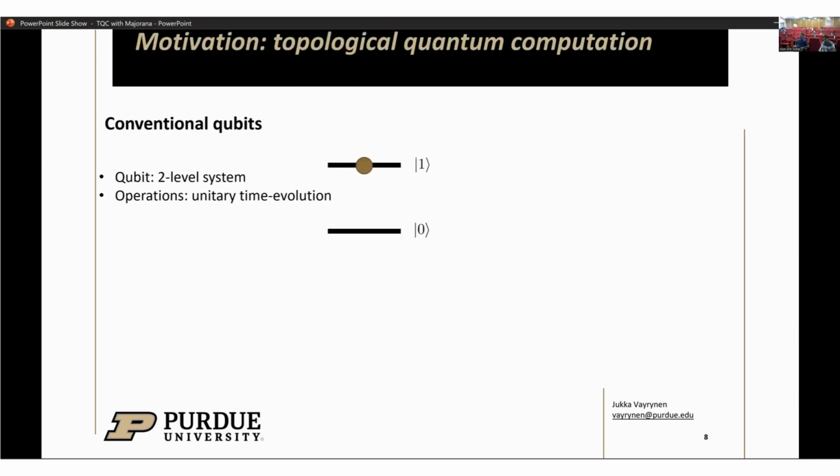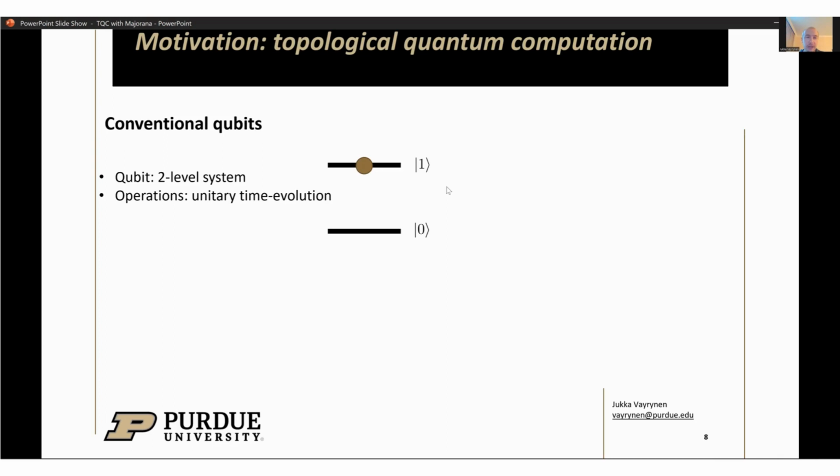In conventional qubits, the time evolution that we do to make these operations, for example, controlling the qubit, moving it from 1 to 0 and vice versa, is implemented with unitary time evolution, for example, by using some microwave pulses in the case of superconducting qubits.